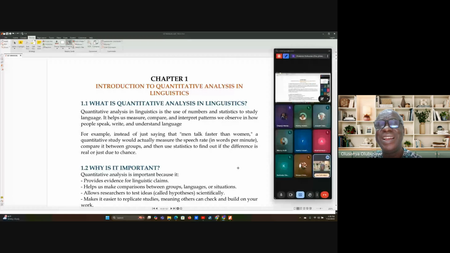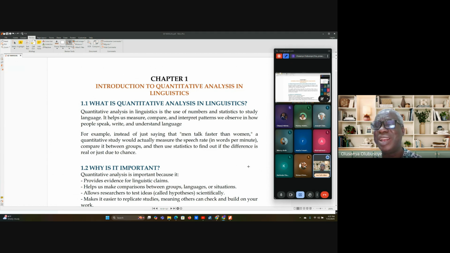I don't know how much of you do counting, but it's not that you do analysis. You don't need to do mathematics. You don't need to compute anything. But quantitative analysis allows you now to convert linguistics to numbers and then make it analyzable.